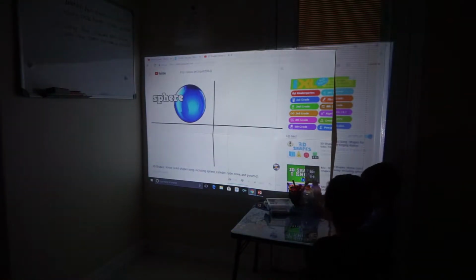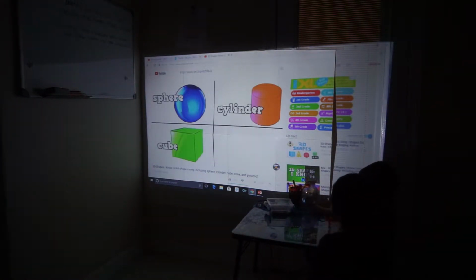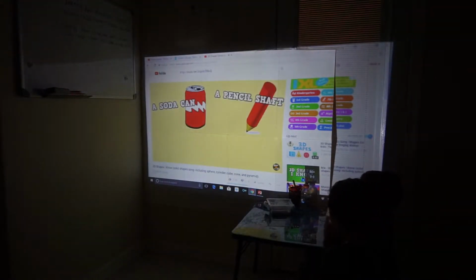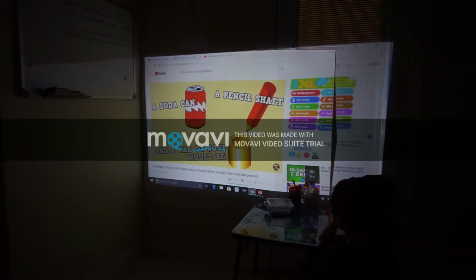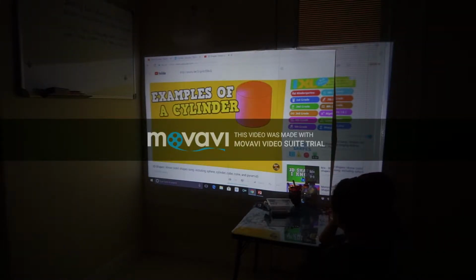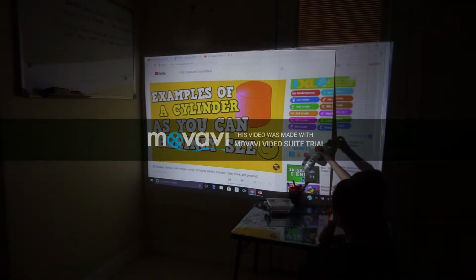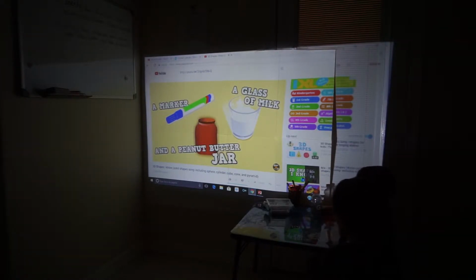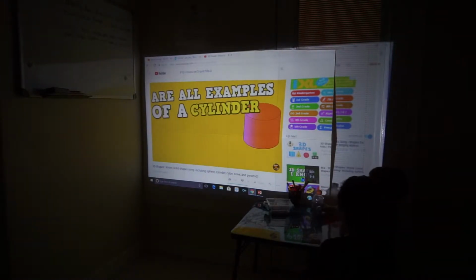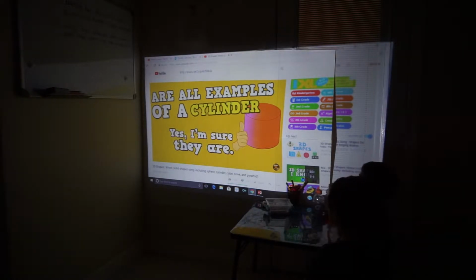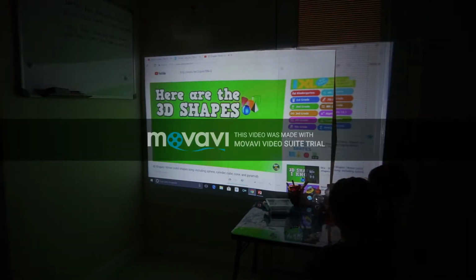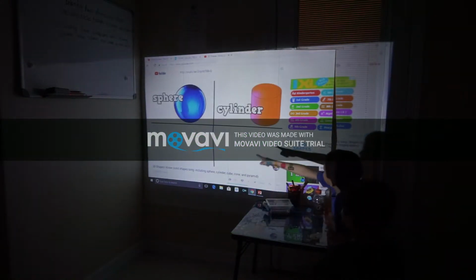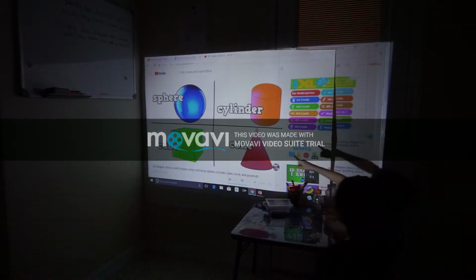A sphere, a cylinder, a cube, and a cone. A soda can, a pencil shaped in a can of soup would be examples of a cylinder, examples of a cylinder. Yes, I'm sure they are. Here are the 3D shapes that I know. A sphere, a cylinder, a cube, and a cone.